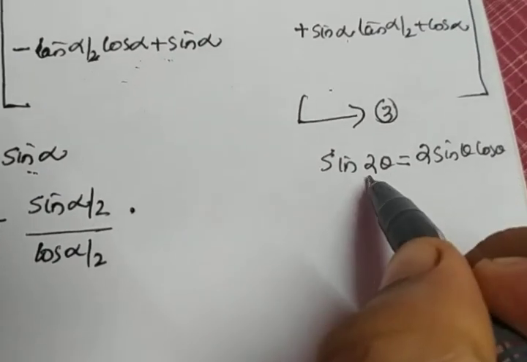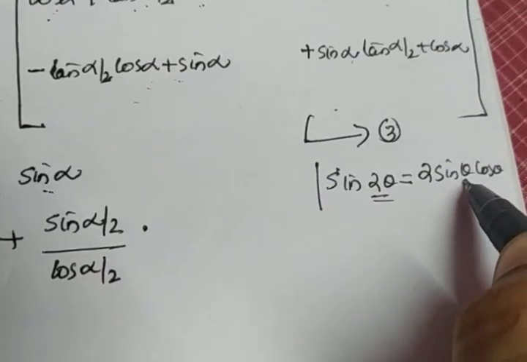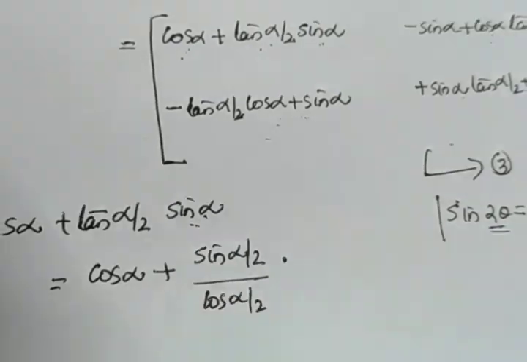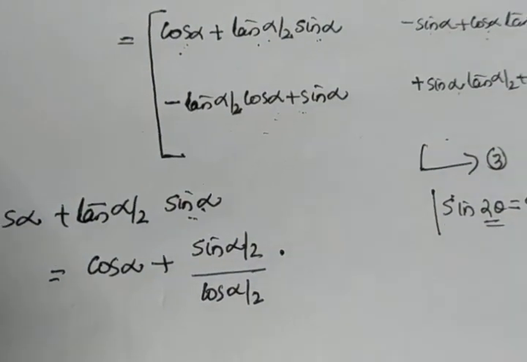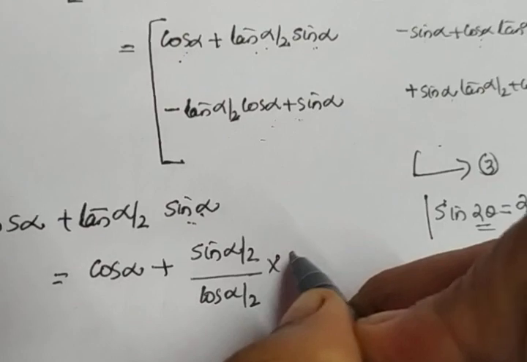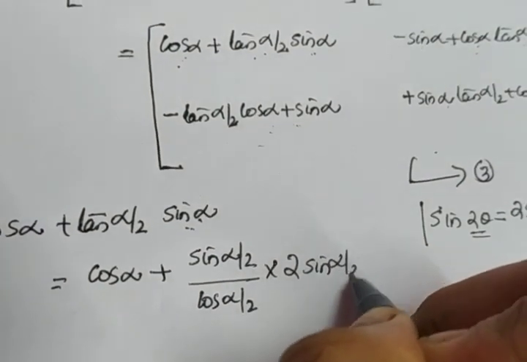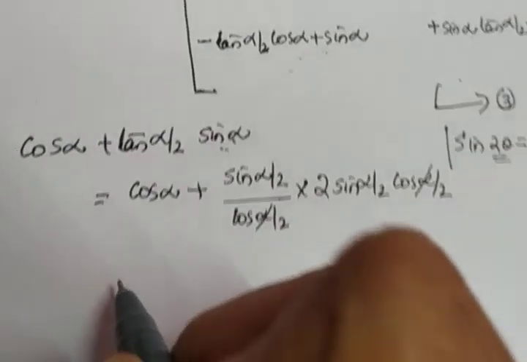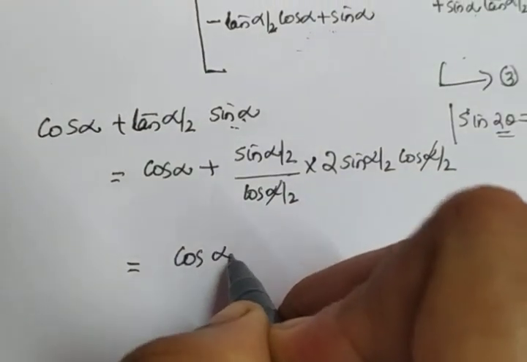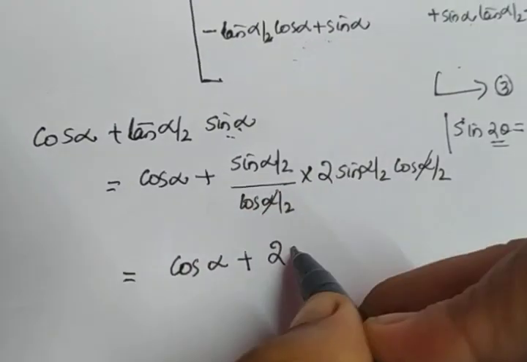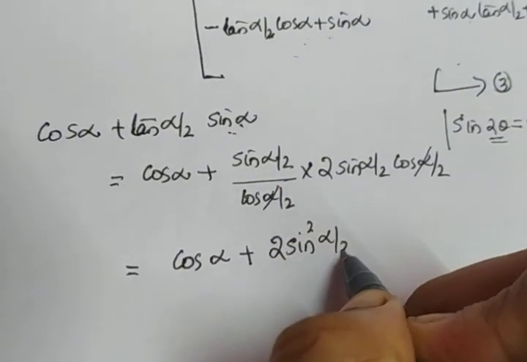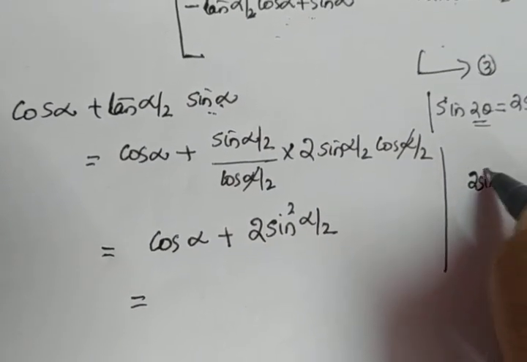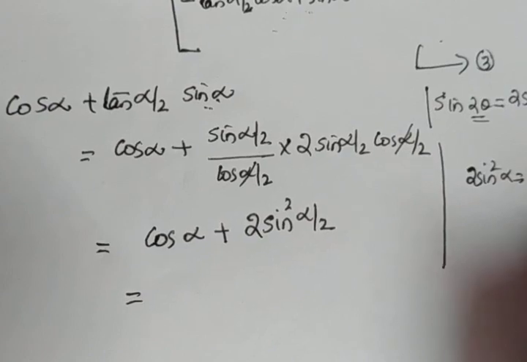Here 2 theta becomes alpha, so theta is half of alpha, that is alpha by 2. So what we get is 2 into sin alpha by 2 into cos alpha by 2. So cos alpha by 2 gets cancelled. So what is the value we are getting? Cos alpha plus 2 sin square alpha by 2. So again we have a formula. What's the formula? 2 sin square alpha by 2 is equal to 1 minus cos alpha.